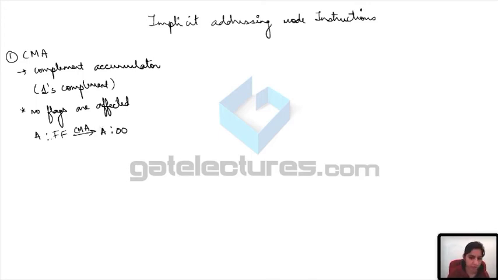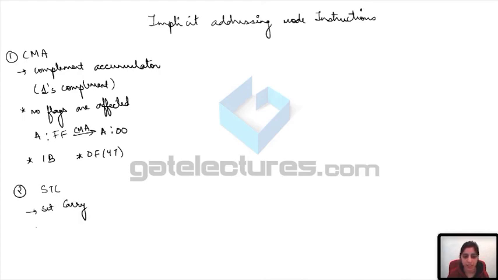Okay, fine. So this is an implicit addressing mode instruction. It is going to take 1 byte of memory and only 1 machine cycle, opcode fetch, 4 states. Fine. Next instruction that we are looking at here is STC. STC is going to set carry.